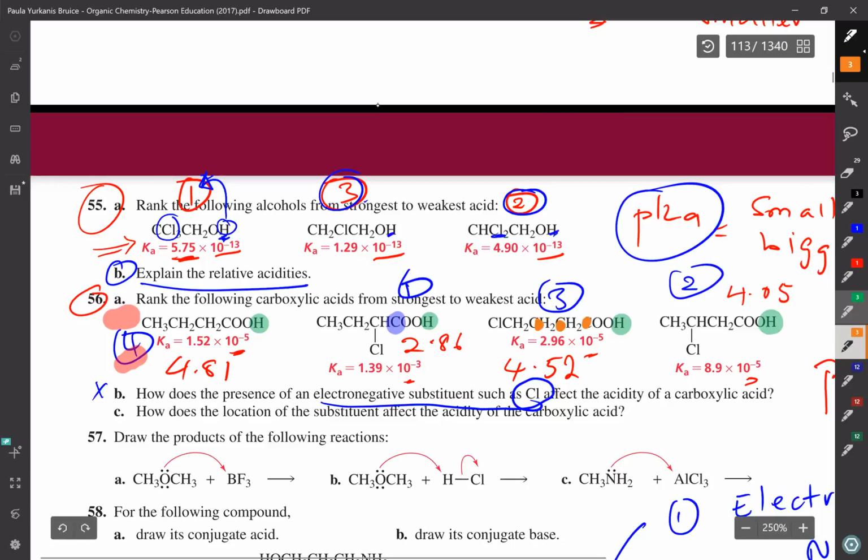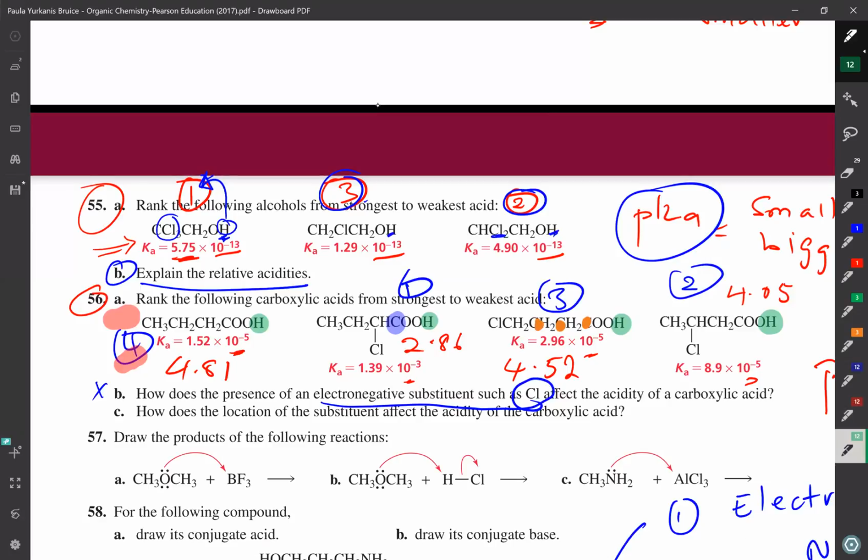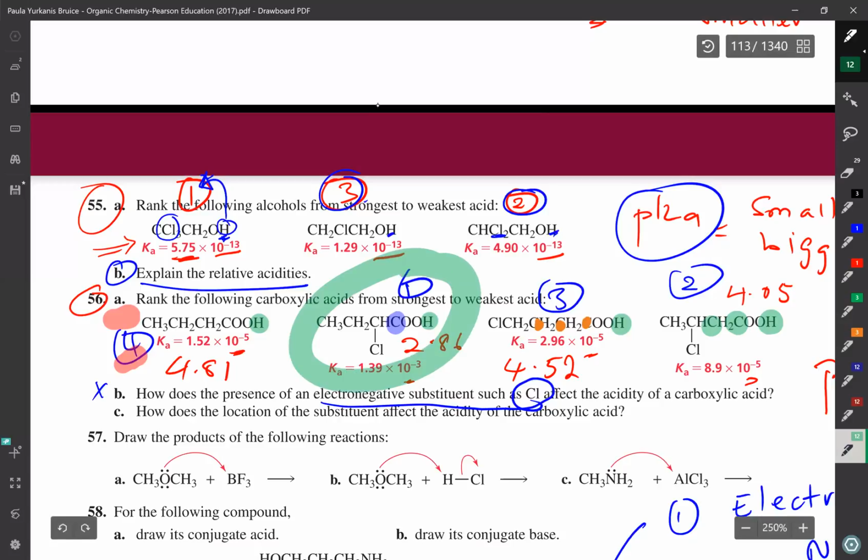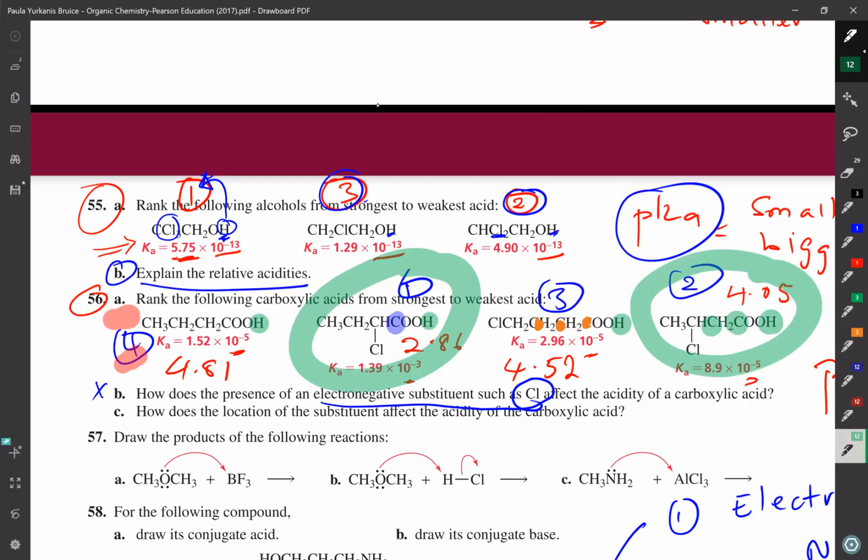And the next one, the hydrogen is separated from the chlorine by 1, 2 carbons. So this is the effect of distance here. You notice that this is the strongest because the chlorine is closer to the hydrogen, so the inductive effect is stronger. Followed by this one, because it's only separated by 2 carbons, whereas here the separation is 3 carbons.